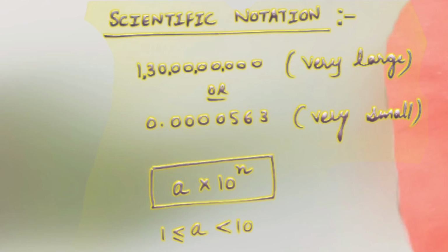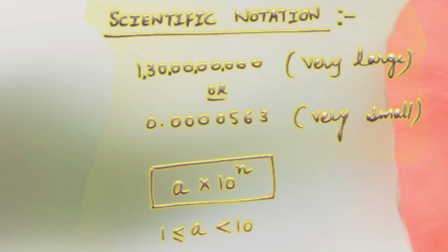Similarly, if I write 0.12340 zeros 5 6 3, this number is also difficult to read out because this number is very small. To deal with very large and very small numbers, there is one method, that is scientific notation, which is in the form of a multiply 10 raised to power n.